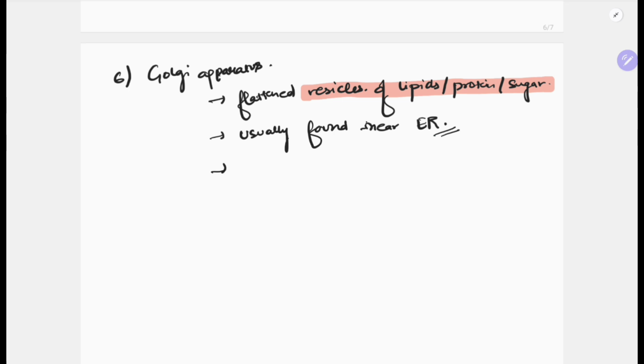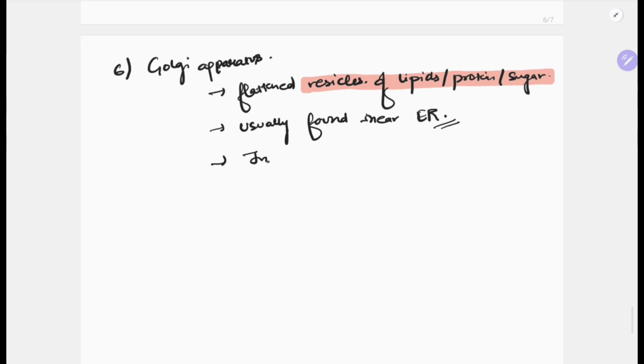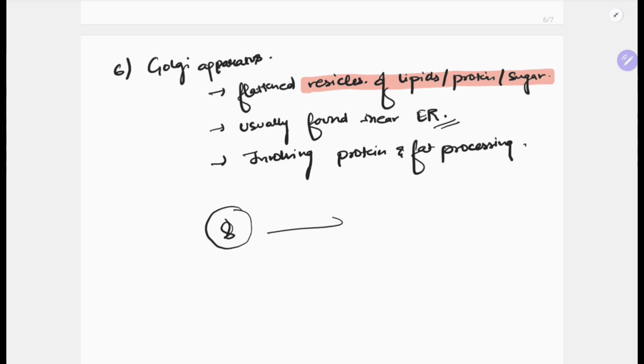Okay, and Golgi apparatus has a function involving protein and fat processing. So basically what happens is Golgi packs this particular protein and helps in cellular trafficking.